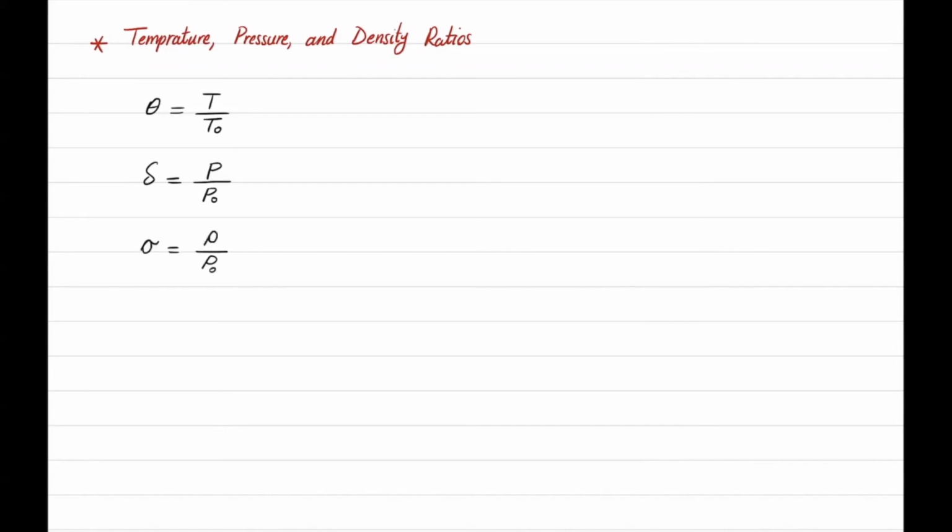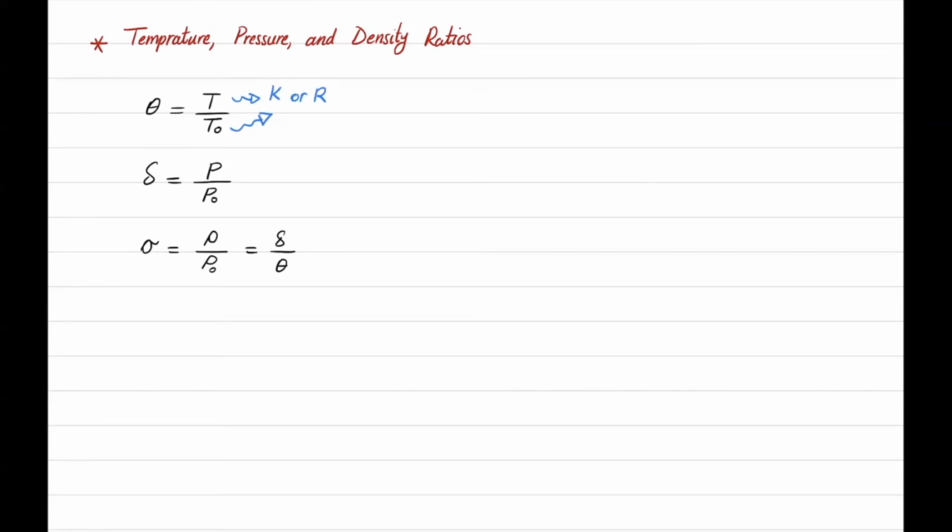And the density ratio is, again, the density at a given altitude divided by the density at mean sea level. We can also find the density ratio by dividing the pressure ratio by the temperature ratio. Note that to find the temperature ratio, both temperatures have to be in Kelvin or Rankine.